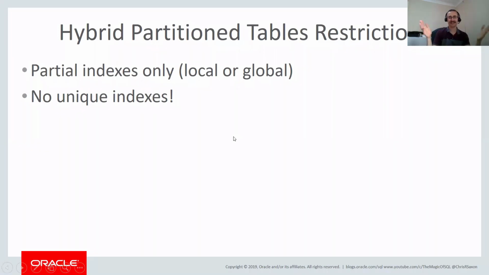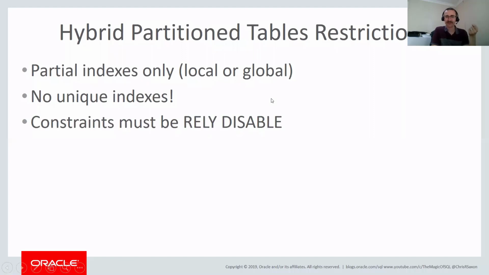A unique index says these values can only occur once in the table. If some of those partitions are not part of the index, how do we validate that we don't have duplicates in there? The short answer is we can't, or at least not under the current architecture that Oracle Database uses. So we can't have unique indexes.